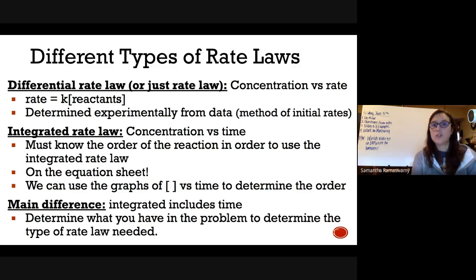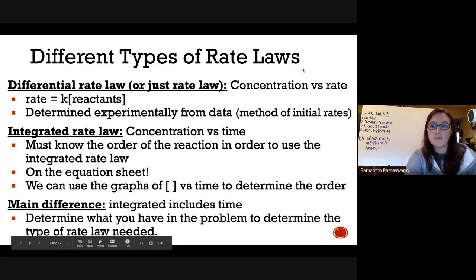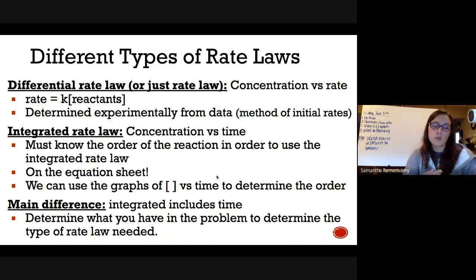So notice the difference: concentration versus rate, and concentration versus time. In order to use these integrated rate laws, we have to know the order of the reaction. Either they give it to us or we figure it out. The integrated rate laws are on the equation sheet. All three of them are on the equation sheet.